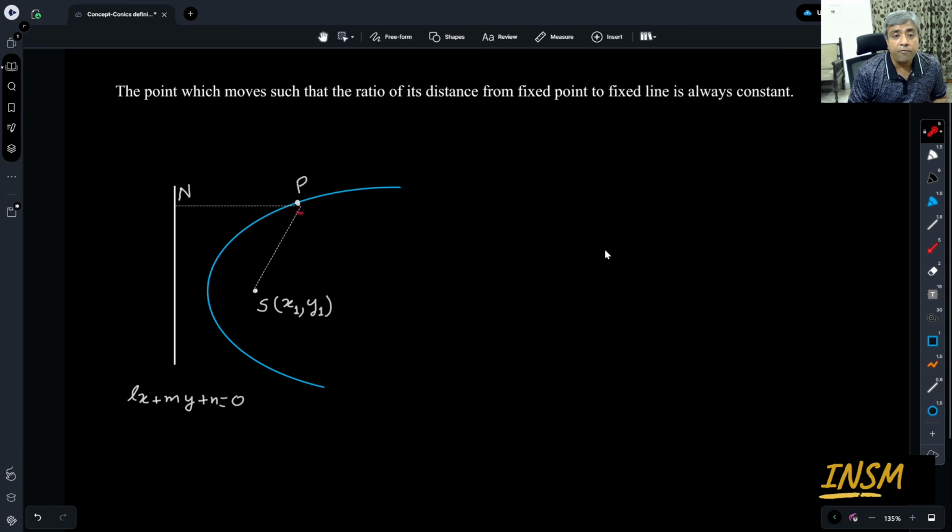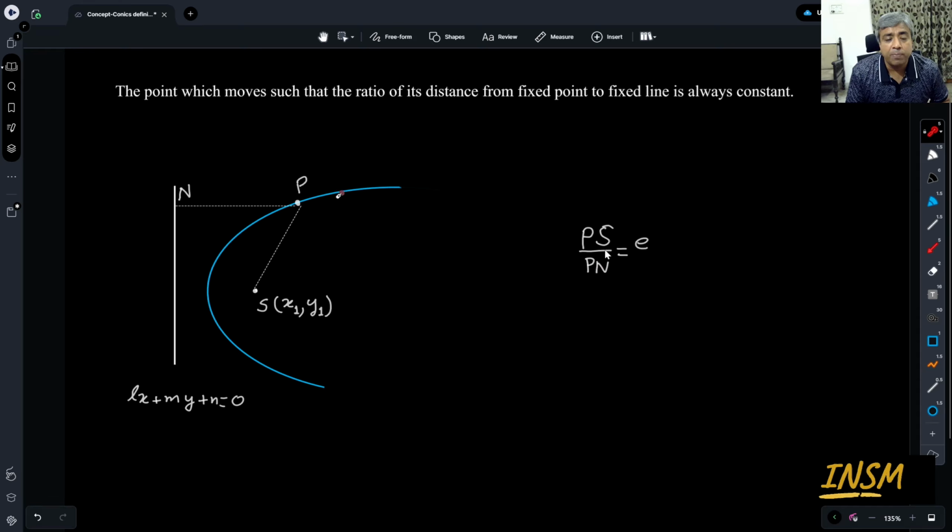If P, a variable point, is moving such that the ratio of its distance from S to N remains constant and is defined as e, where e is the eccentricity of the conic, then finding the equation of the conic when its directrix and focus are given is called the focus-directrix form of a conic. So we will just apply this condition.